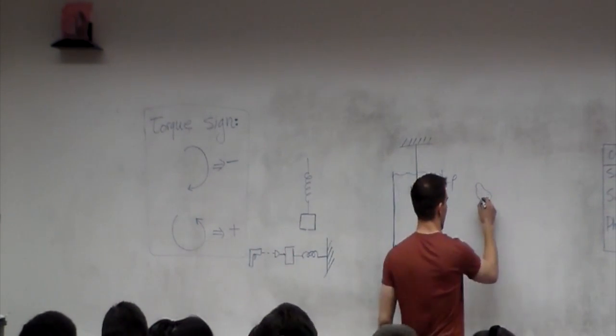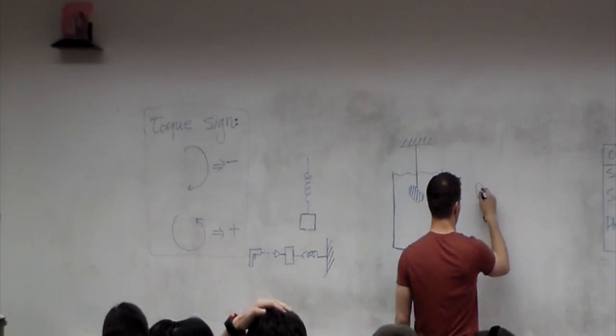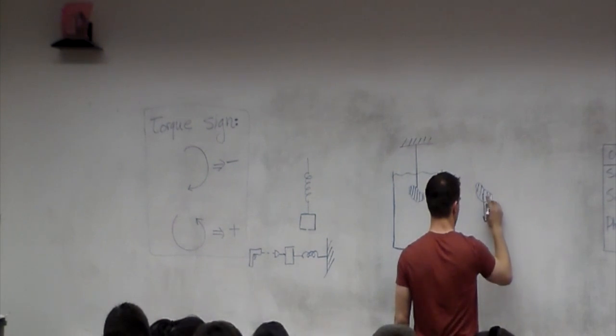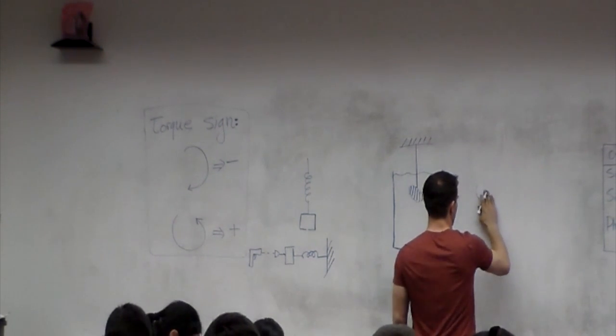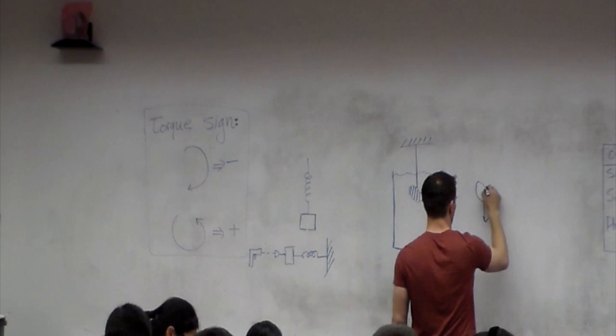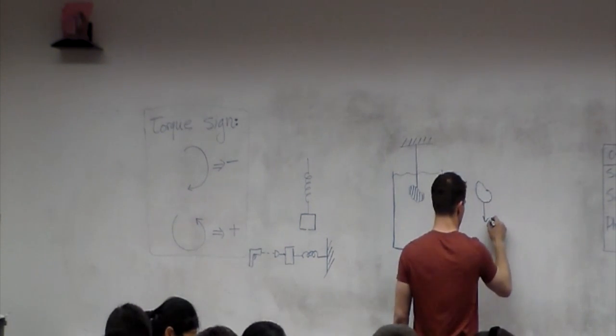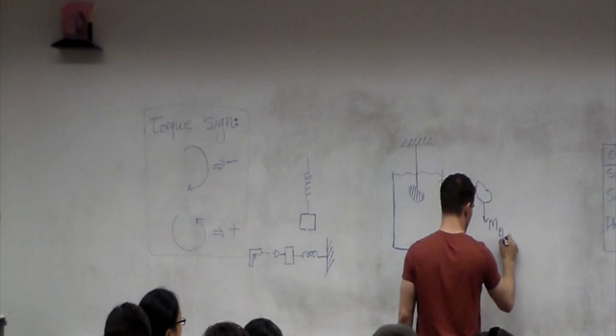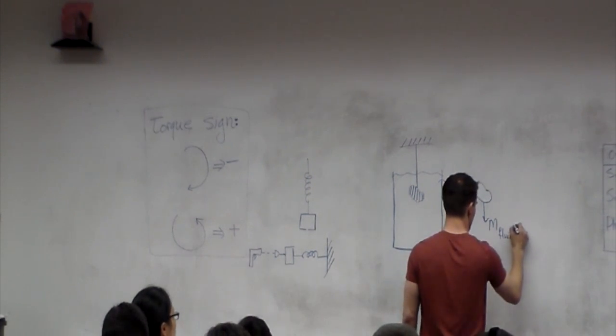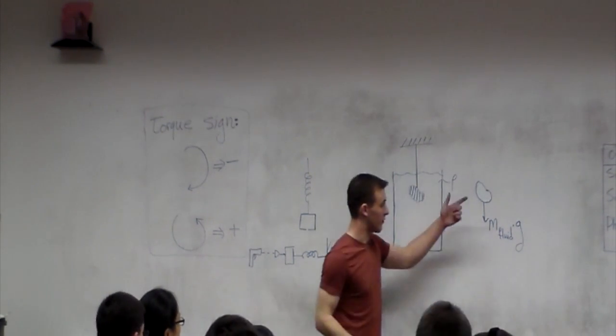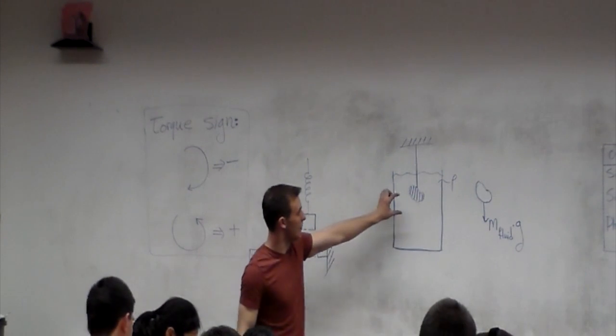Gravity is pulling this thing down with, this is water, whatever fluid, M fluid times g is the force with which gravity is pulling this lump of fluid down.